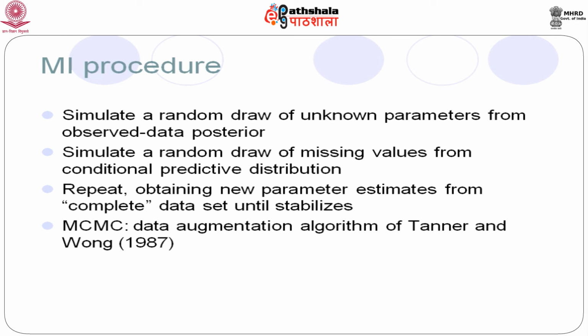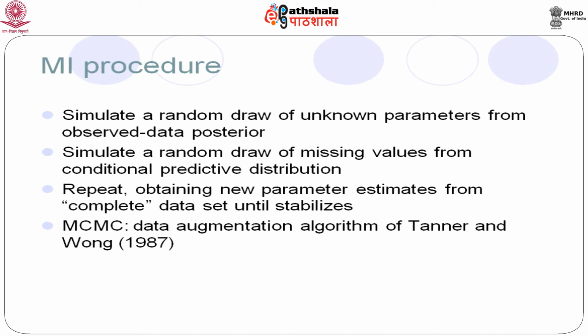Then we simulate a random set of missing values from the conditional predictive distribution. So initially we generate observations on unknown parameters given the data, and then generate observations on the missing values given the data.